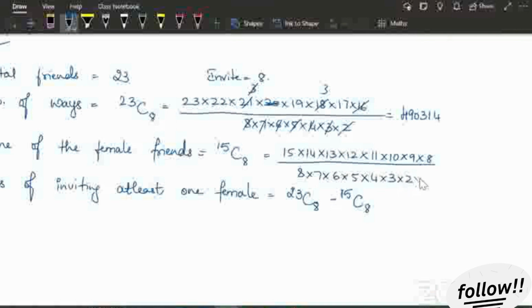So 8 and 8 get cancelled. 7 2s are 14 gets cancelled. 6 2s are 12. 5 2s are 10. 2 into 2 is 4. And then I have 3 3s are 9. In the denominator, everything got cancelled. In the numerator, I have 15 into 13 into 11 and then into 3, which is 6435.